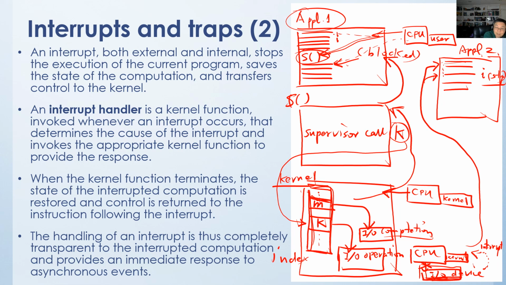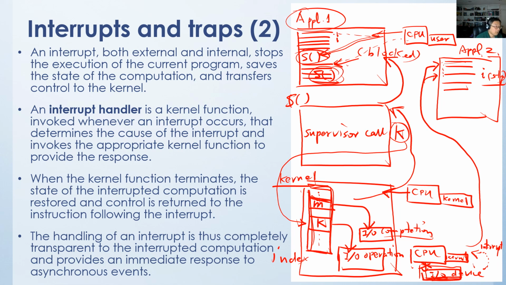Okay, so now if application 1 makes a system call again somewhere, then the whole thing starts over again. It will trigger the kernel call using the supervisor call K, maybe still the data transfer, so it's going to call K again. So you're going to make an IO operation, and repeat the same process.